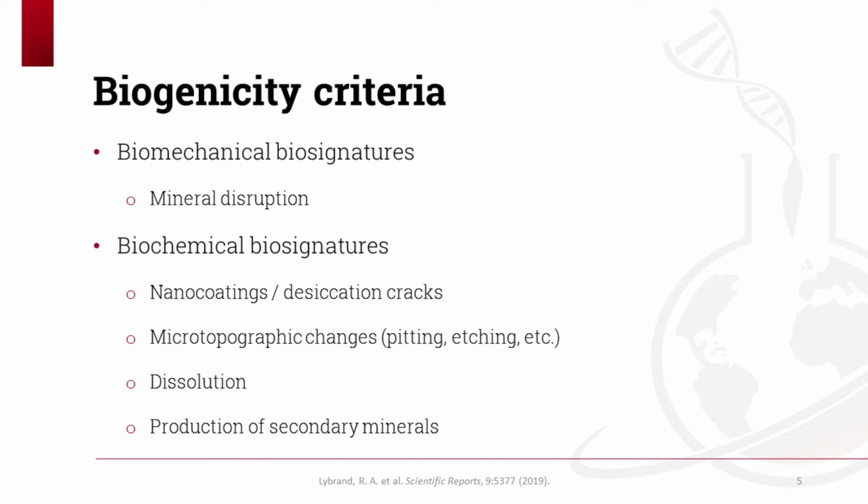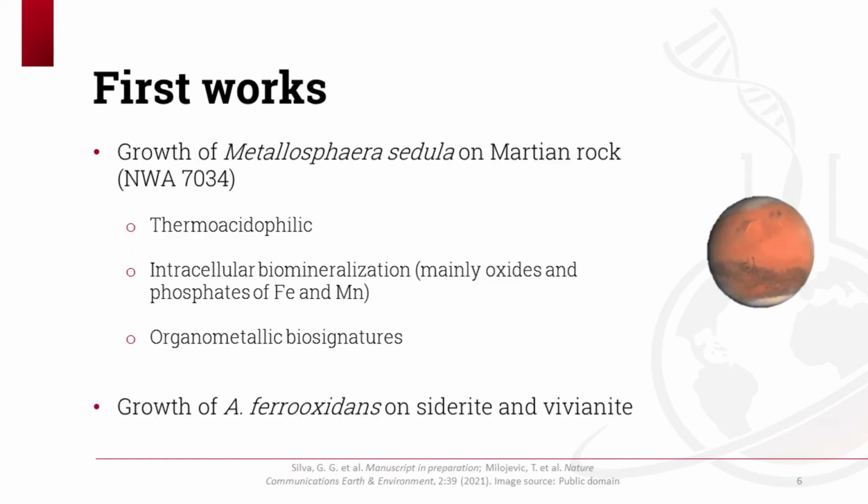These include production of nanocoatings from, for example, deposition of EPS, extracellular polymeric substance, that, after drying, can form desiccation cracks. Other biochemical signatures include microtopographic changes, like pitting, etching, and formation of paths by moving cells, enhanced dissolution of the minerals and production or precipitation of secondary minerals.